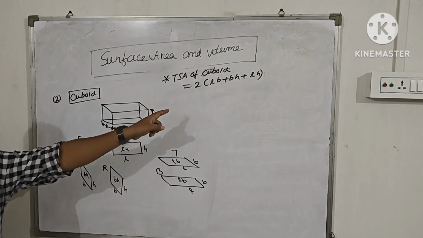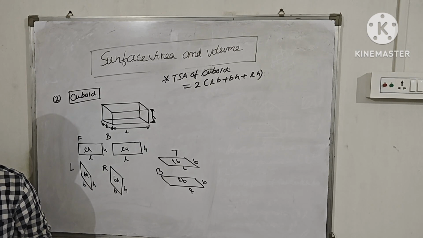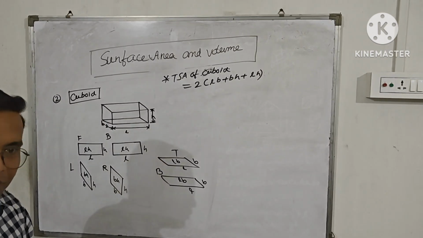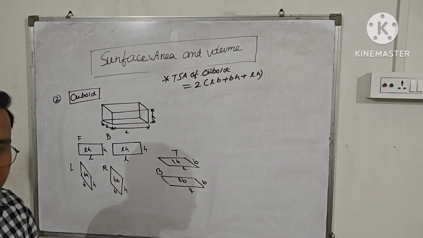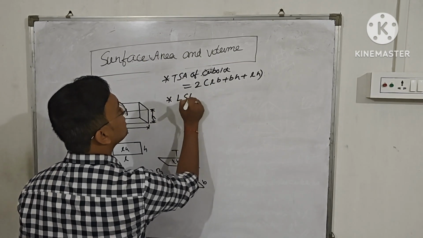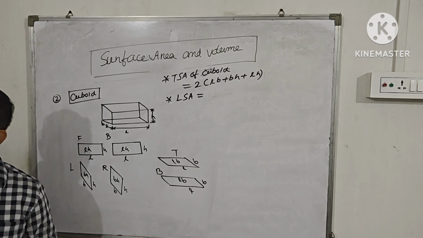Did you understand? Yes or no? Okay, then lateral surface area is already explained. Lateral surface means exclude top and bottom.